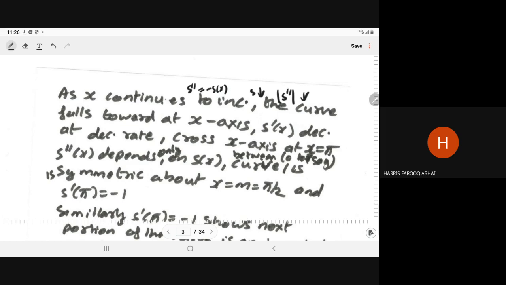Right? As the S is decreasing, S double dash in magnitude is also decreasing. So here, due to the minus, it decreases with the decrease rate. So S dash decreases with the decrease rate, and it crosses the x-axis at pi.